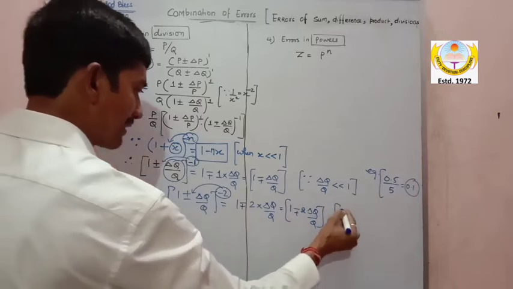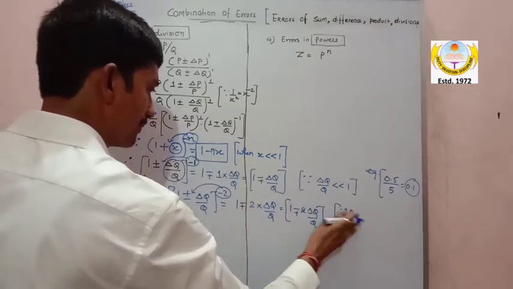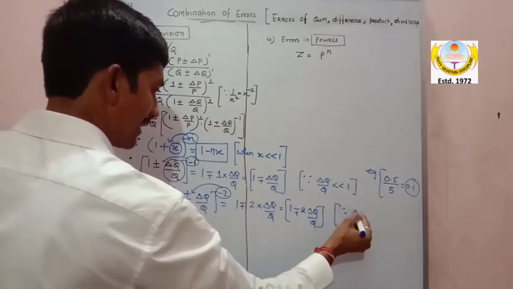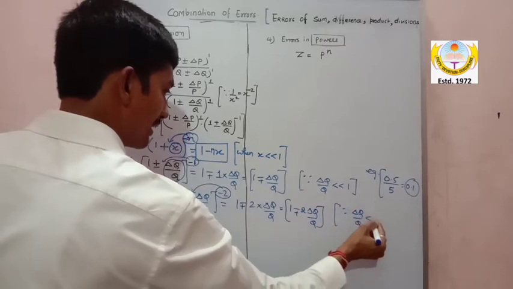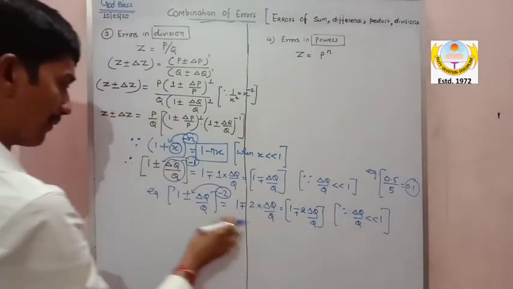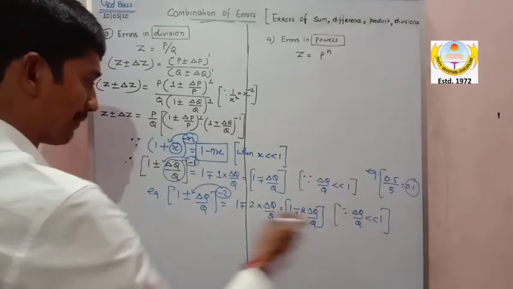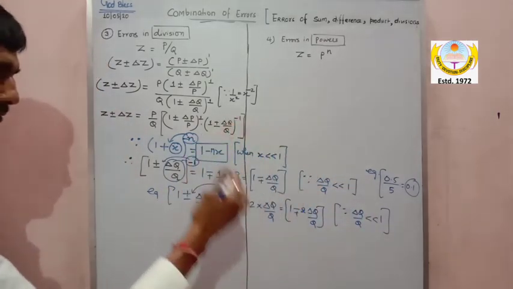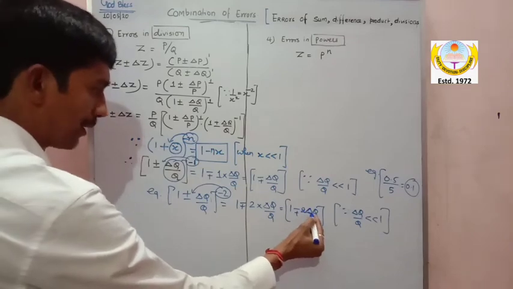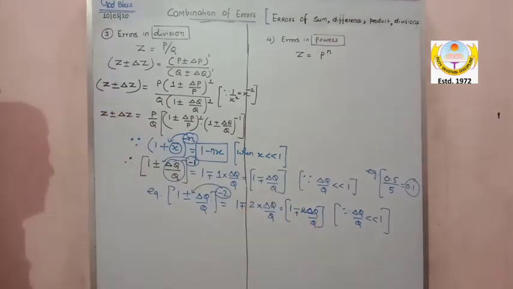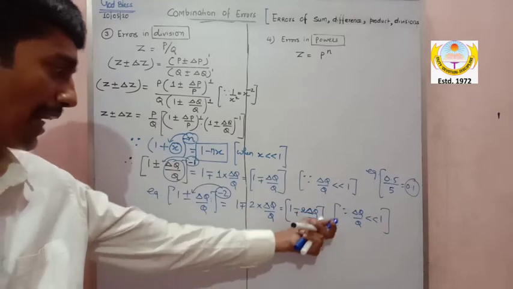But again, since delta q by q is less than 1, only then are you doing this. When the value of delta q by q is less than 1, we apply such a method called binomial expansion.